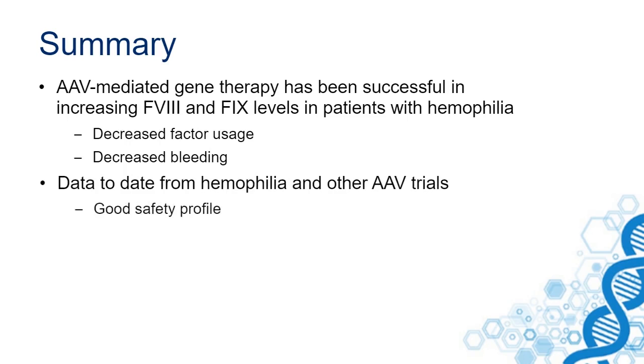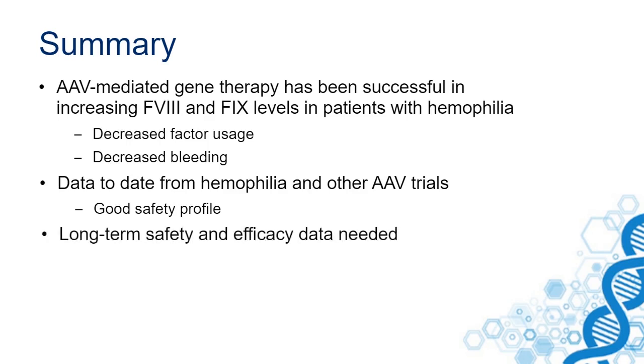However, we need to be vigilant in our long-term follow-up to look at any safety signals. We also need long-term efficacy data to understand if this expression will be transient over years, because we know we can see expression for years at this point. Will that last? Will that go away? We really just need long-term data on that.